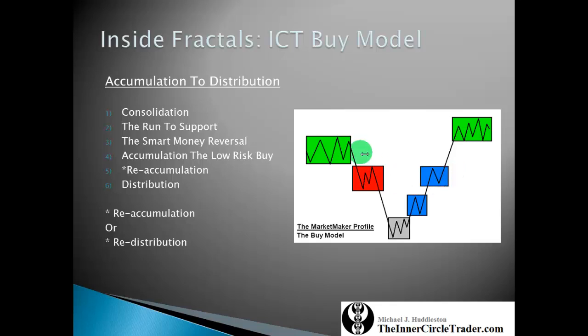And again, the initial consolidation is kind of like what we learned already about crouching above an order block. This area in here where we have a run to support, that is absolutely what you're anticipating. This is the consolidation above an existing order block, and then you'll see a move sharply lower into a support level.